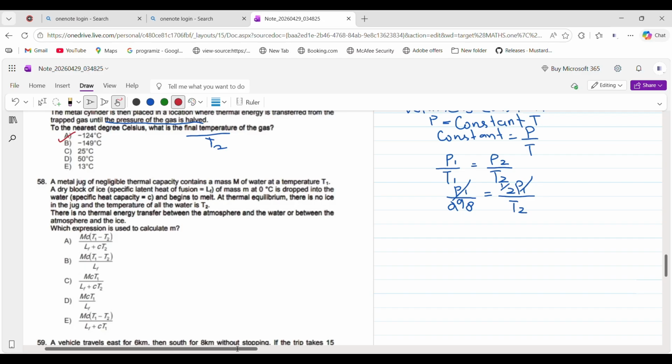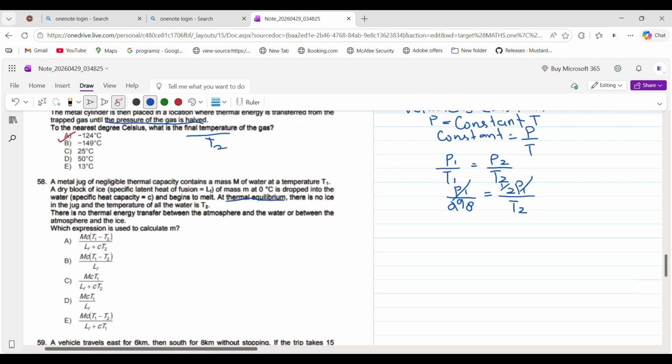Basically they have mentioned here about thermal equilibrium. What does thermal equilibrium mean? It means when the rate of exchange of heat becomes constant. So here, what does thermal equilibrium mean in this question?